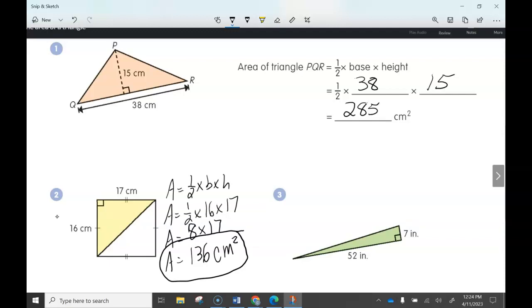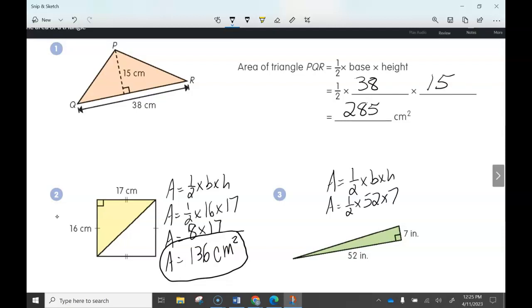Now let's take a look at number 3 on page 165. Again, just plugging in these numbers for your formula will definitely help you out. So we can see area equals 1/2 times the base times the height. Area equals 1/2 times the base, 52, times the height, which is 7.